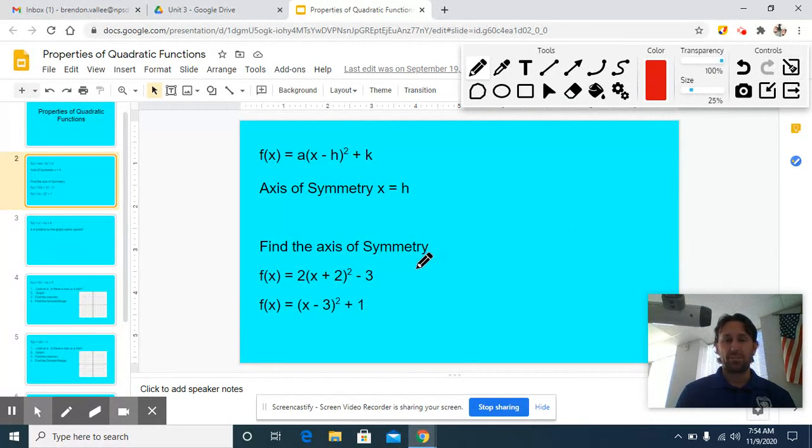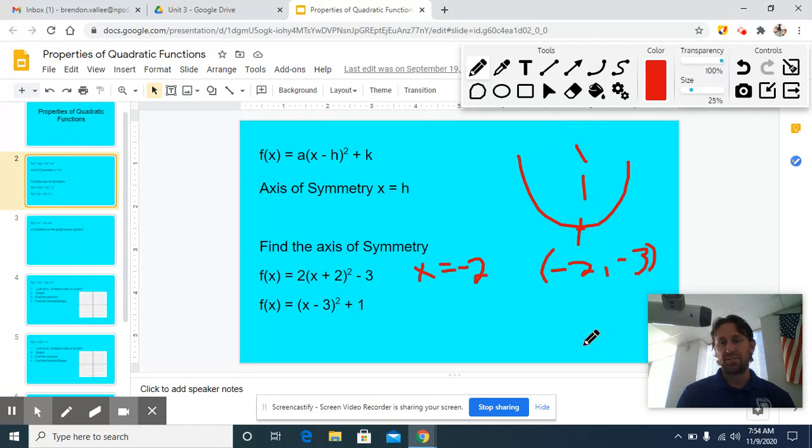So that's x equals -2. That's my axis of symmetry. Okay. And if you're trying to find the vertex, that's -2, -3. Okay. So that graph, when I draw my graph, -2, -3 is that point right there. And my axis of symmetry right here cuts it in half, -2, -3.